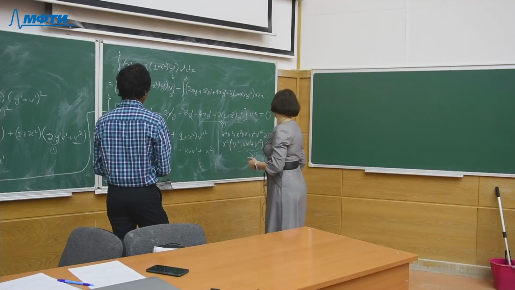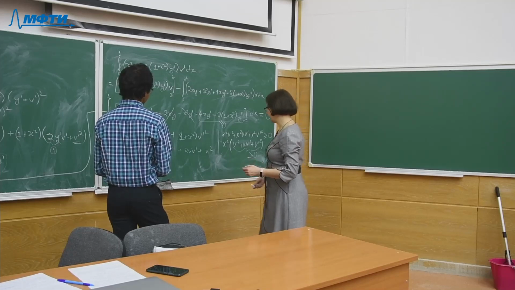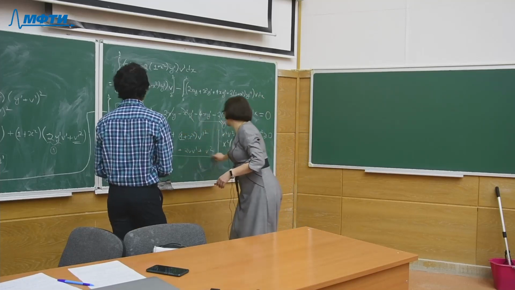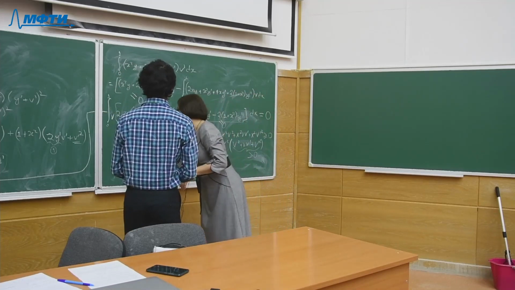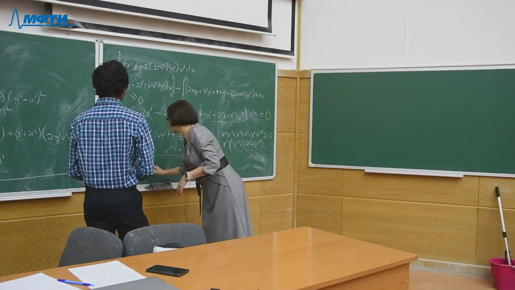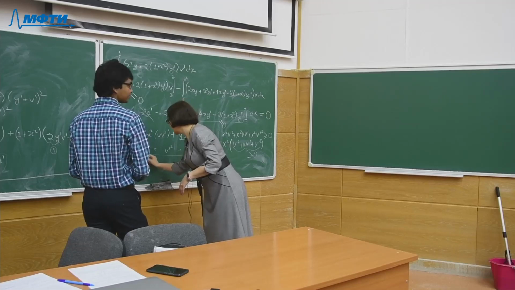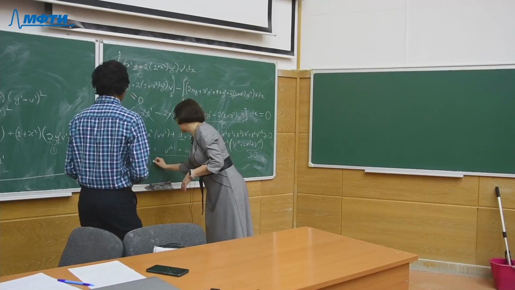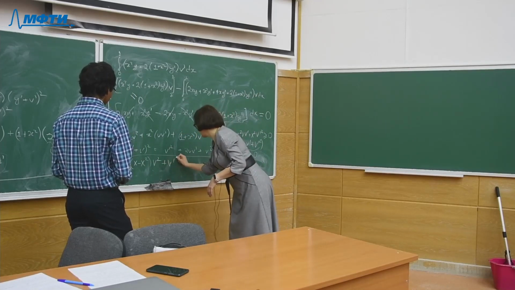But then after extracting this positive part, we have x minus x squared times v squared plus v prime squared.